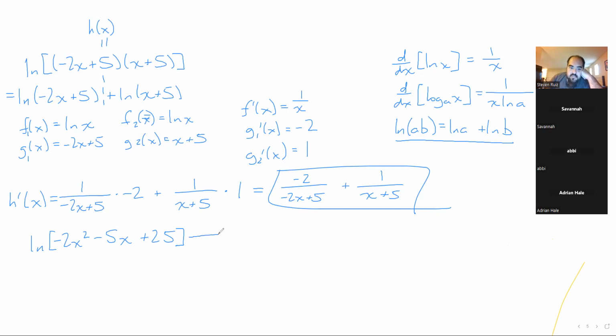So you had to do this. Yeah. But I got a different answer. I got 4x plus 5 over 2x minus 5 multiplied by x plus 5. Over 2x minus 5 times x plus 5.